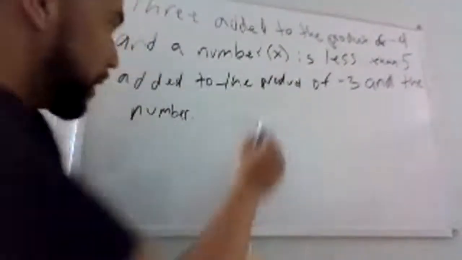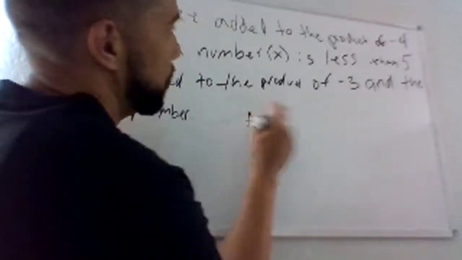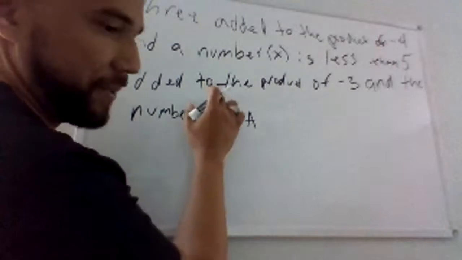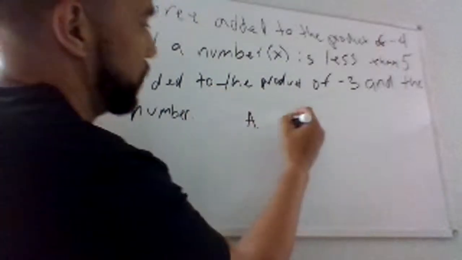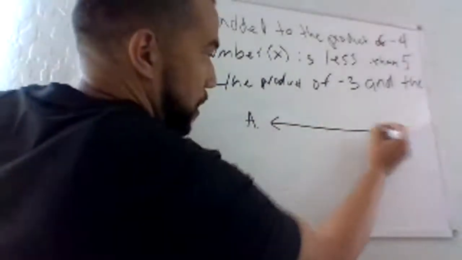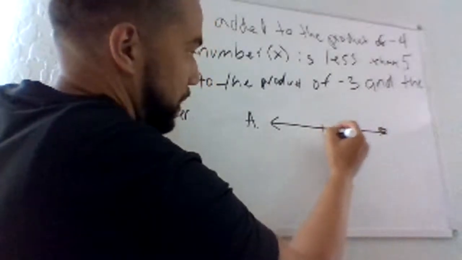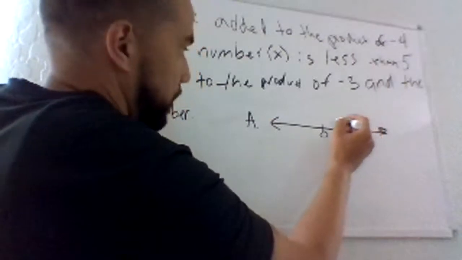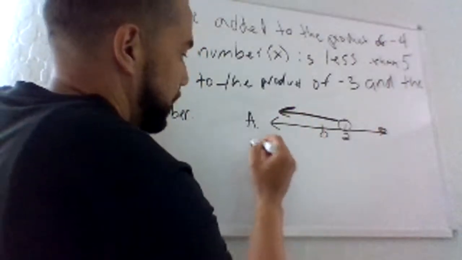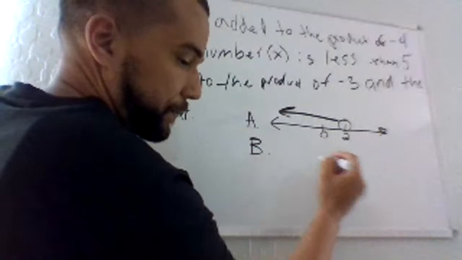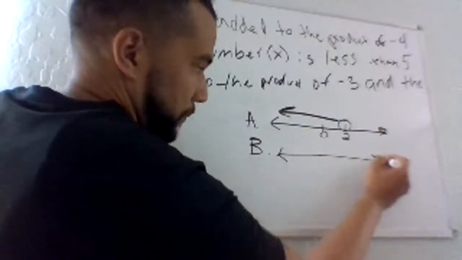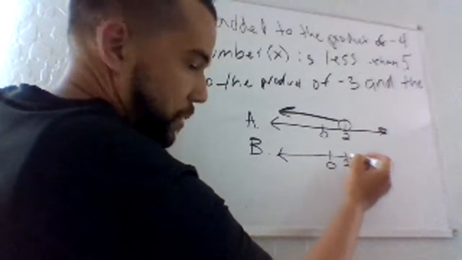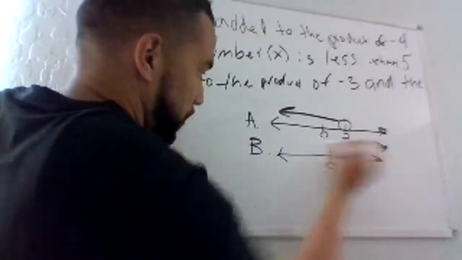They're going to ask you, which one of these represents the answer to this, the solution, right? So we have A, which is 2 with an open circle to the left. B, 2 with an open circle to the right.